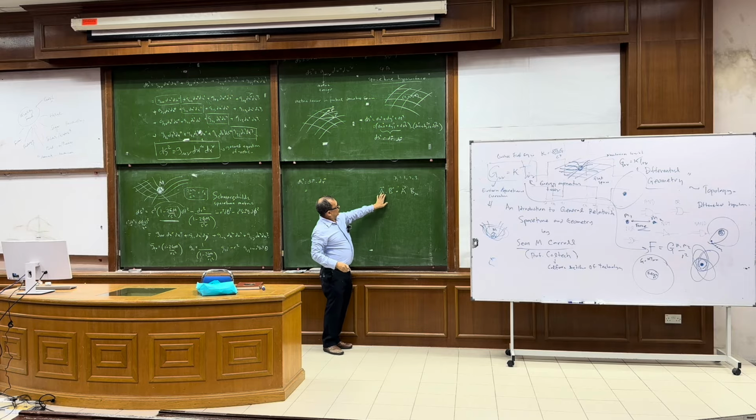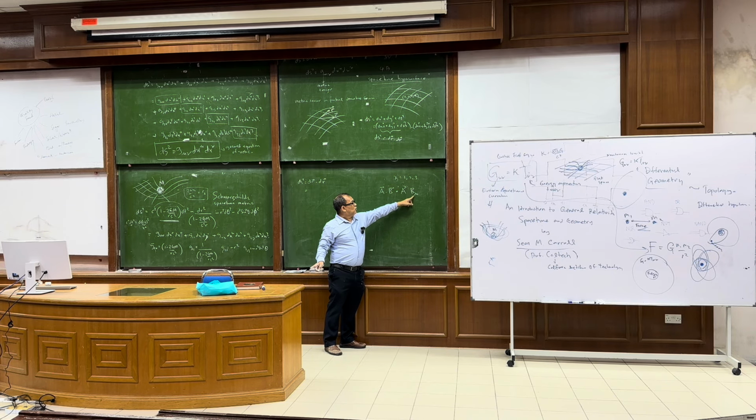I showed you in the first hour of the first lecture, the contraction of contravariant with covariant of a rank 1 tensor is equal to the dot product between those vectors, kan?